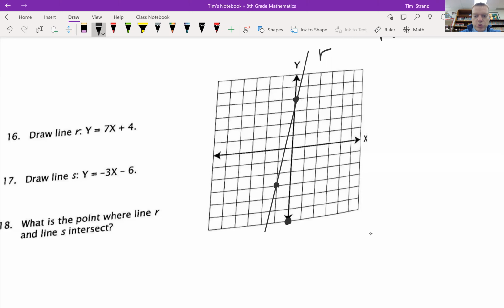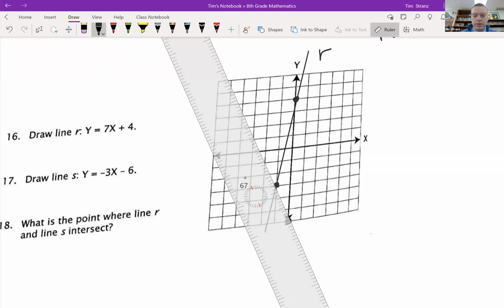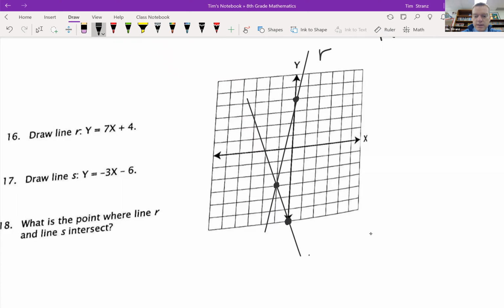If I went down 1, 2, 3 over 1, it's going to overlap that point that's already there. Okay, there is my line S.